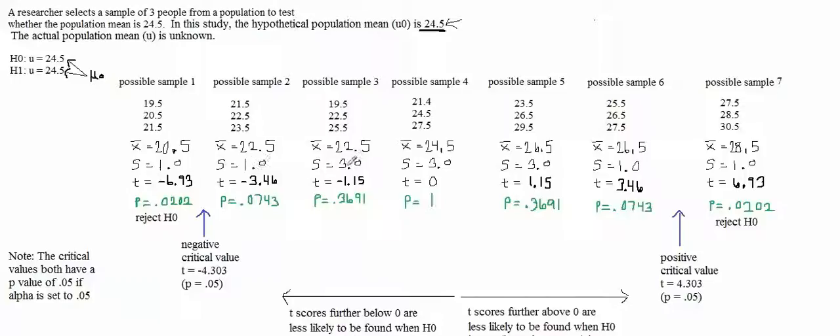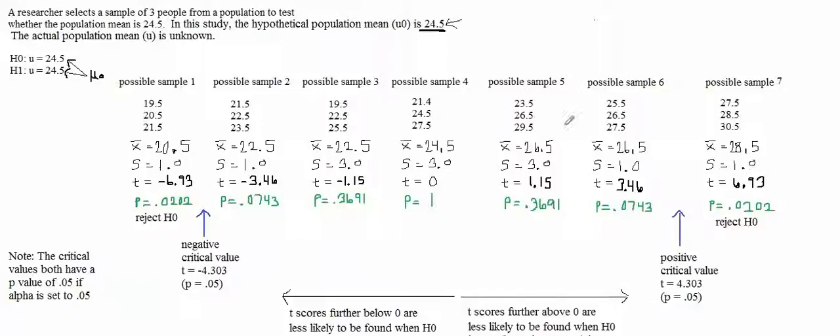But even though that's true, we can still see the general pattern that as the sample mean goes further below the hypothetical value, which is up here, the t-score goes further below 0. As the sample mean gets further above the hypothetical value that's up here, the t-score goes further above 0.